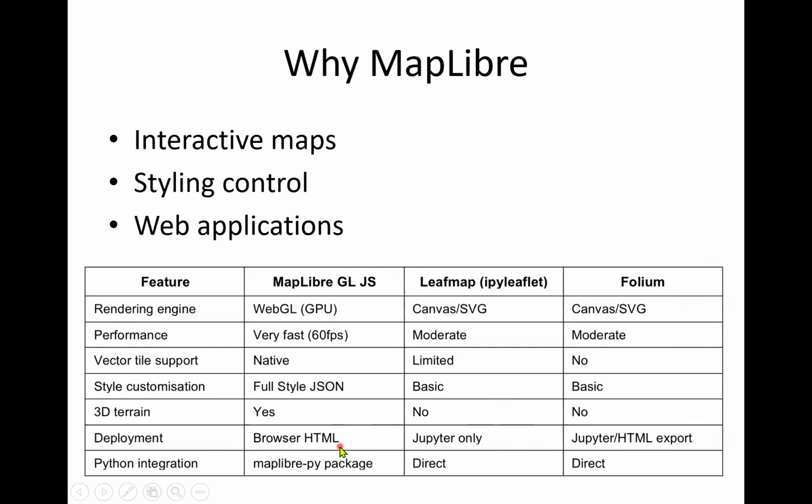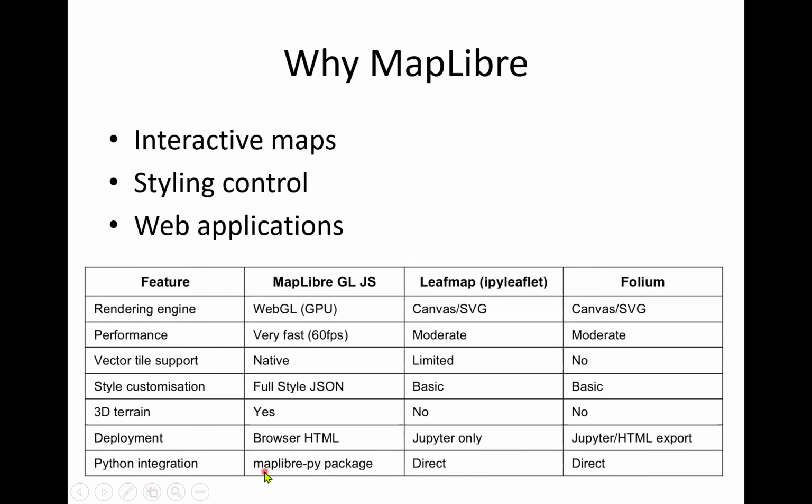So this one is for production level, and the others are for presentation, teaching, or practical purposes. Then when we talk about Python integration, we have to use this package, that is maplibre.py. These are the direct packages we are going to use.